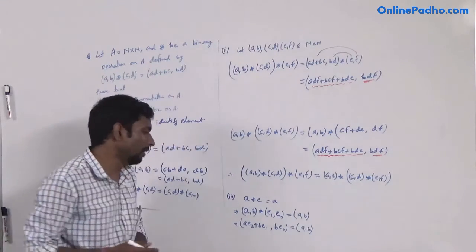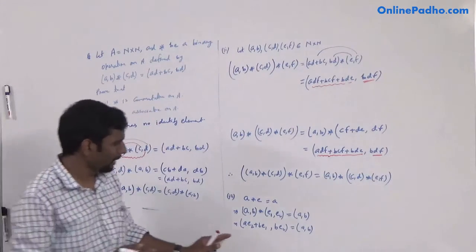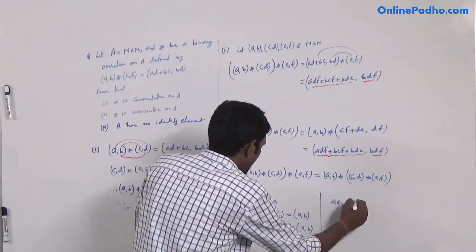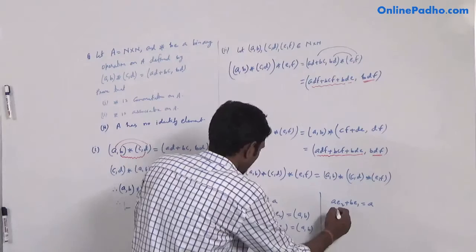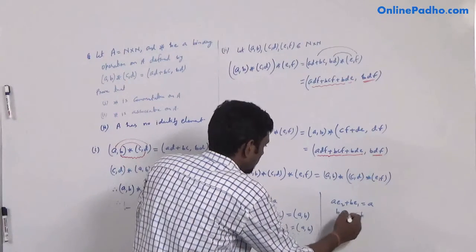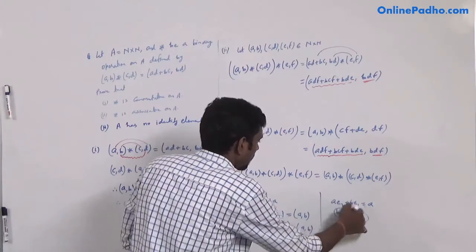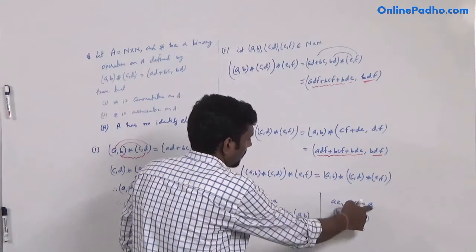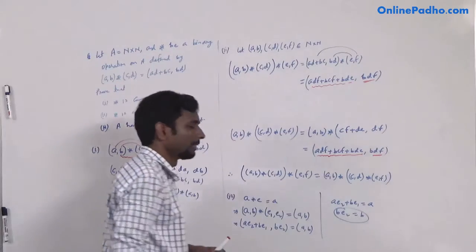We have to find the values of E1 and E2. Let us see: AE2 plus BE1 is equal to A and BE2 is equal to B. So E2 equals 1, and E1 equals 1 by B.